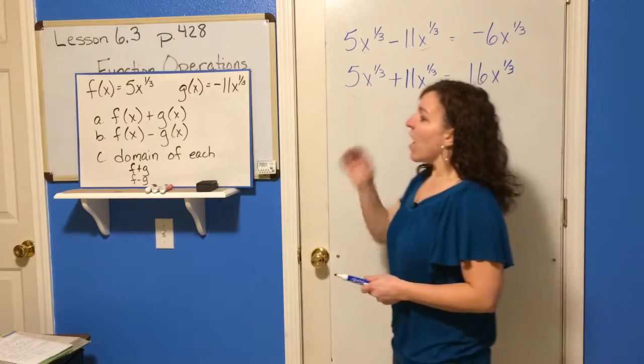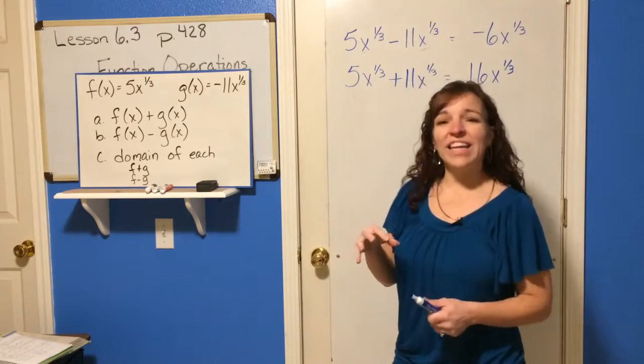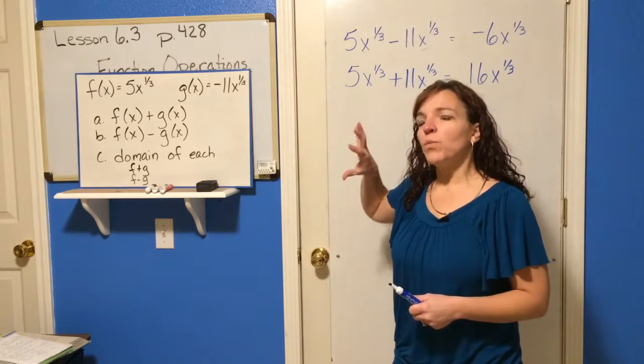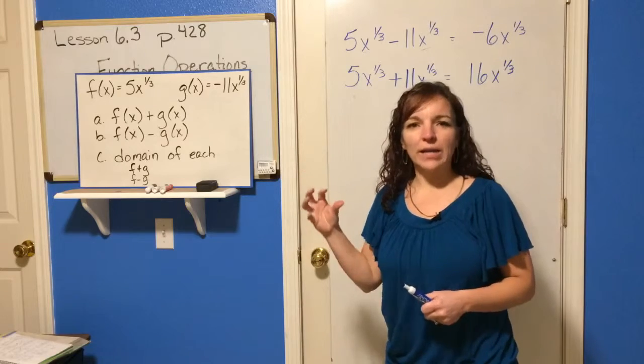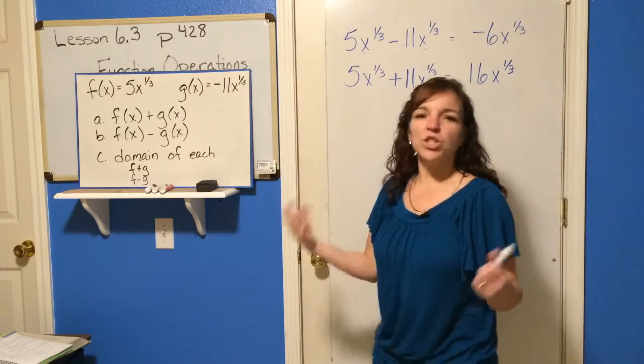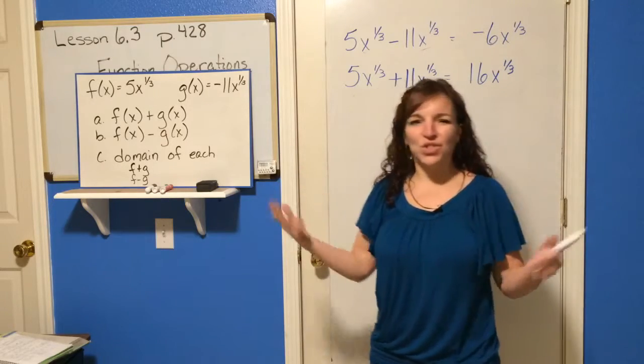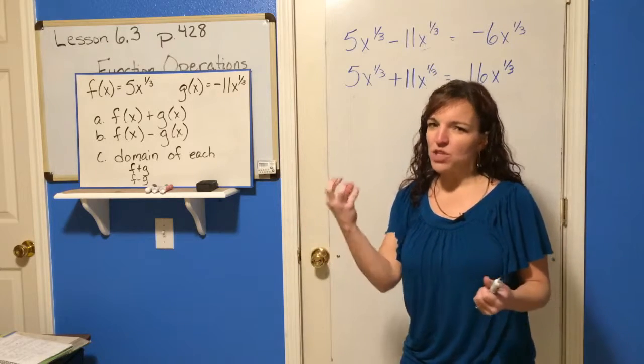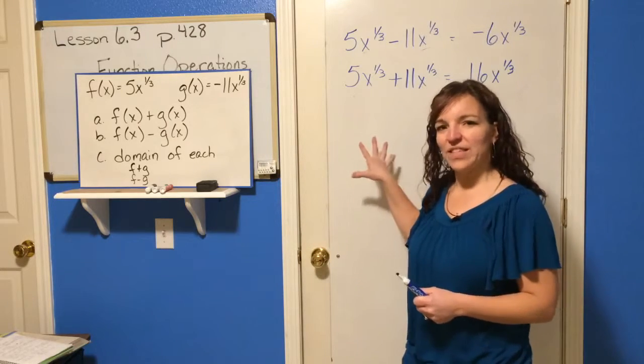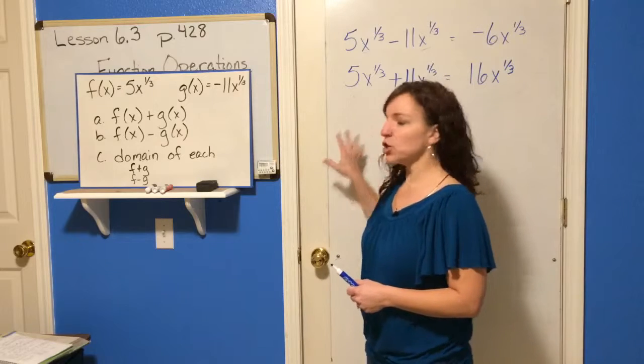Now for c, also what I'm going to want to do in here: when we worked with just regular linear and quadratic functions, we just understood that the domain was all real numbers. Those are the numbers that you can use in these types of functions.